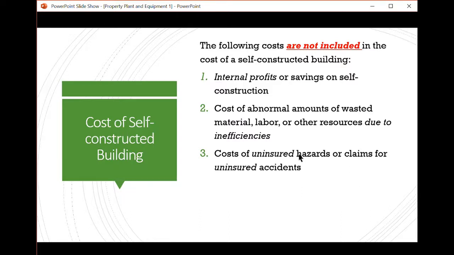Again, katong gasto, pananglitan wala ka nikuhag insurance, wala ka niacquire og insurance para sa imuhang workers, unya nadisgrasya siya, of course ikaw gyud tay mobayad niana kay didto man sila nadisgrasya sa atong trabahoan. So ang katong gastos, tong mga damages, hospitalization, kato dili nato pwede i-add sa cost of the building.